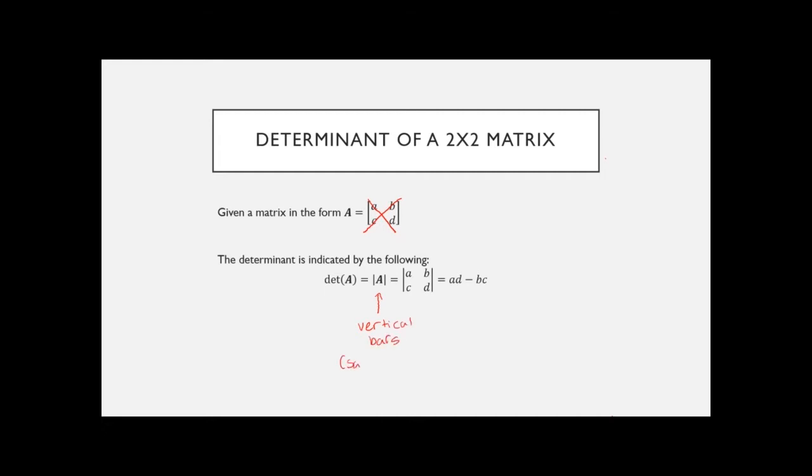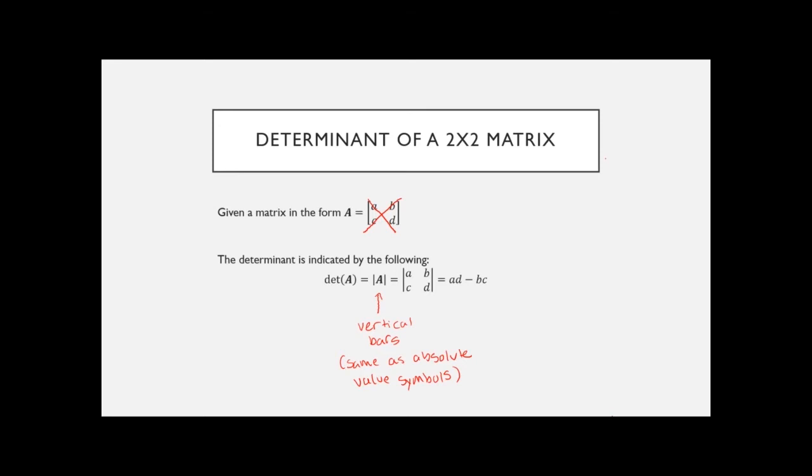And these are the same as absolute value symbols. The difference is that you're not taking the absolute value when you have a matrix. So you know whether it's an absolute value or it's a determinant based off of the context, whether you're using a matrix or just numbers.